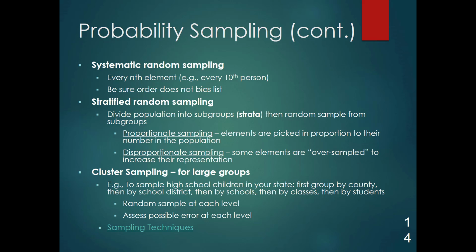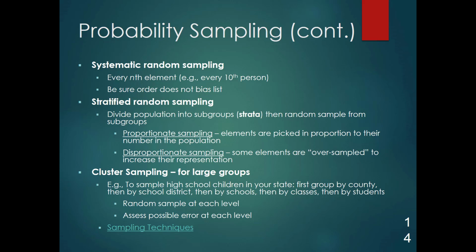So, for example, let's say you wanted to sample high school children in your state. The first cluster that you would do would be by county, and then you'll have another cluster by school district, then another cluster by schools, then by classes, and then finally by students. So you would have to randomly sample at each of those levels.